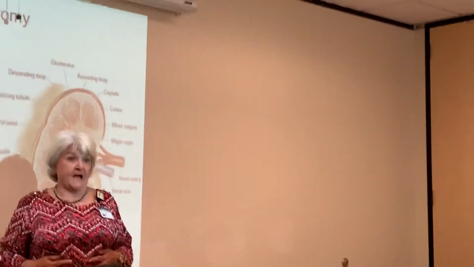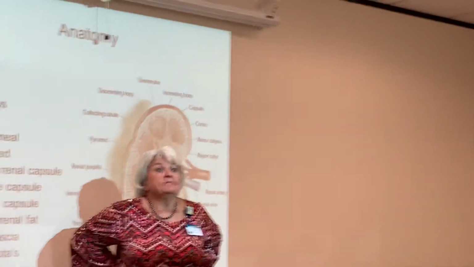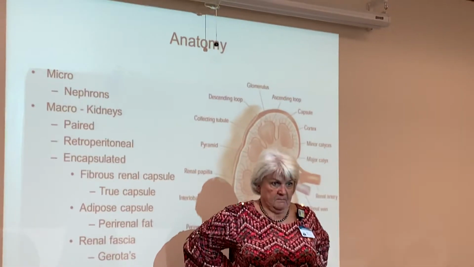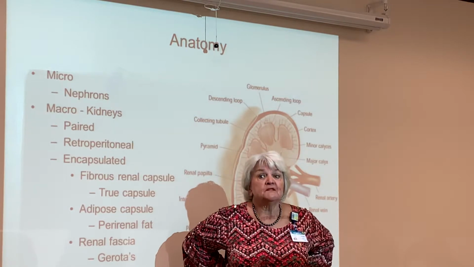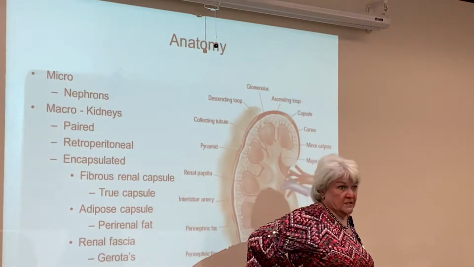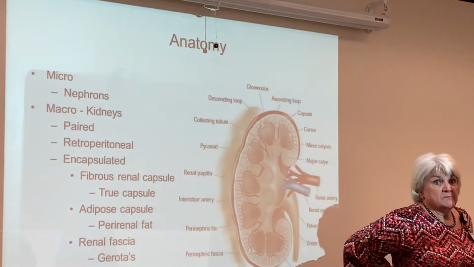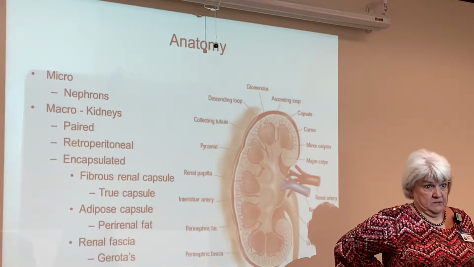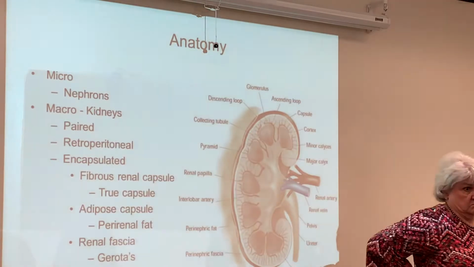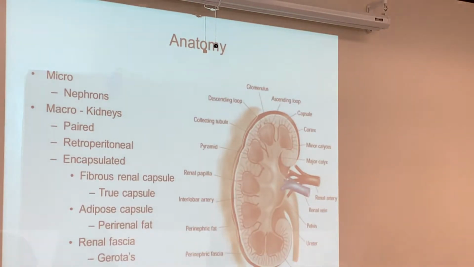Well, these aren't protected by a bag. They're in the retro, meaning behind the Ziploc bag. So that means part of my ureters are going to be retroperitoneal and some of them are going to be peritoneal.